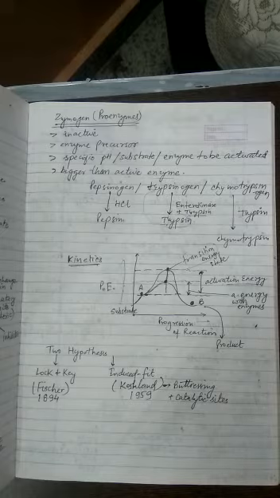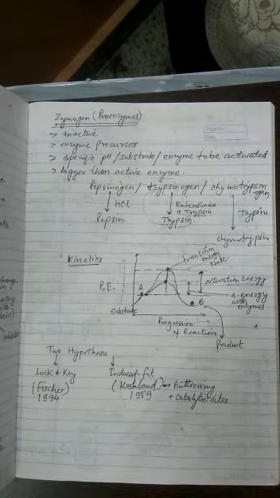Activation energy is the energy required to overcome the energy barrier of the reactants and make them reactive to start a chemical reaction. This activation energy is generally quite high, but the enzyme lowers the requirement of this activation energy. This is the reason why enzymes play an important role and speed up the reaction.